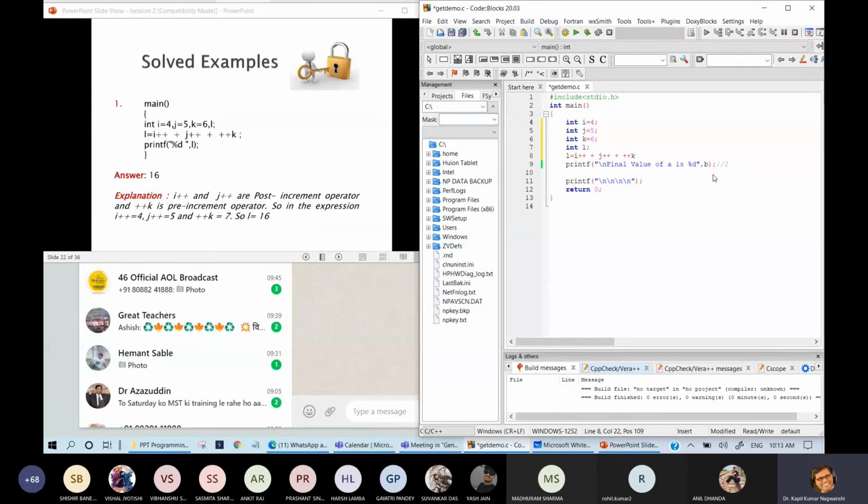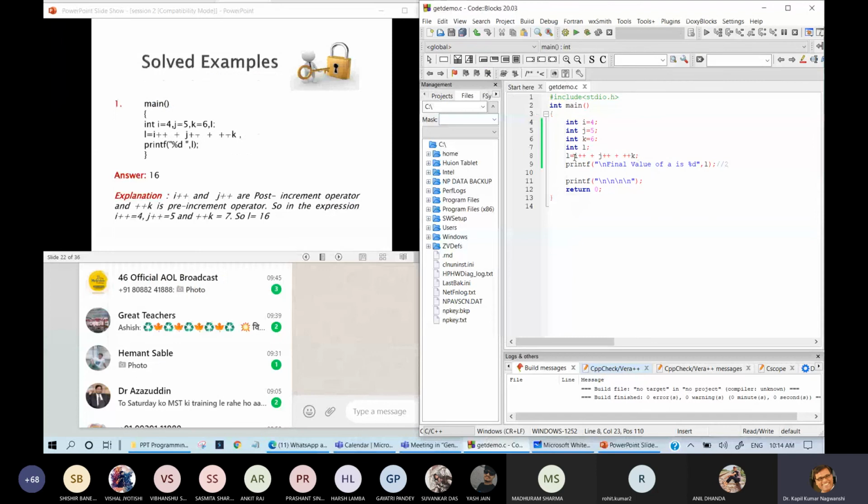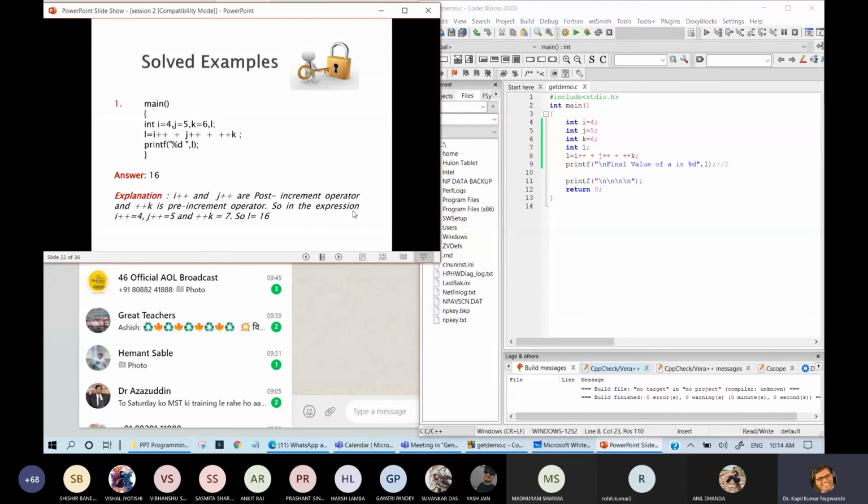So 4 plus 5 is 9, 9 plus 7 is 16. So let us see whether the answer is 16 or something else. So the answer is 16. Here it is very clear, because if we use a particular value once, then it will work fine.